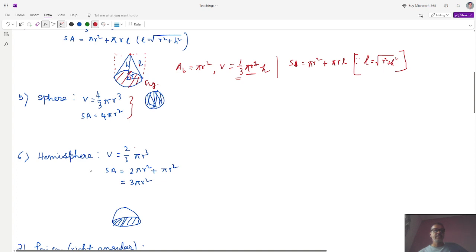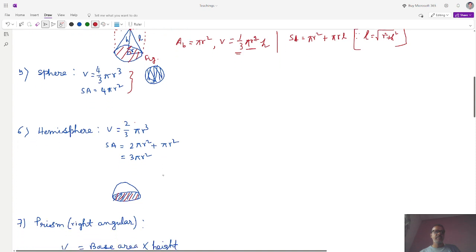Here also, for hemisphere, the surface area will be added with the circular base area. So the surface area of hemisphere will be equal to half of the surface area of sphere, that is 4 pi r square divided by 2 equals 2 pi r square, plus the base area pi r square. So surface area equals 3 pi r square, right? It is the surface area of hemisphere.